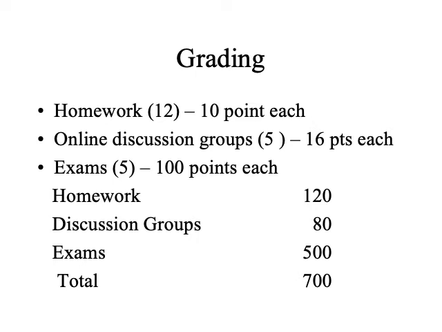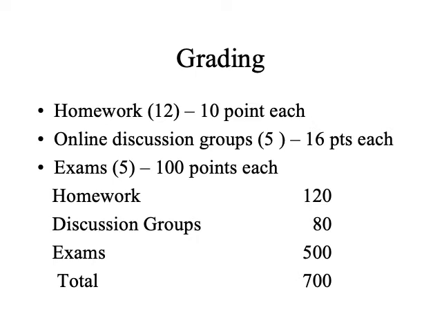So homework, online discussions, and then 5 exams. Each exam is going to be one component of the class. There are 5 units the class is broken up into, so a test for each of them.